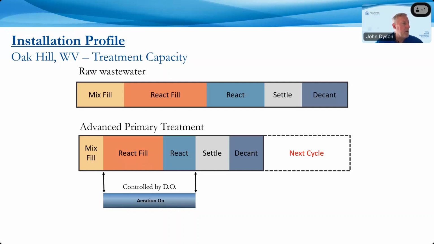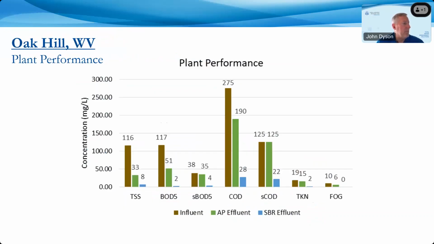Of course, we did some upgrades to the SBRs and DO control, but this allowed us to go from 5 cycles per day to 8 cycles per day on the SBRs. By reducing this time, we also reduce energy usage in the SBRs while we increase the capacity.